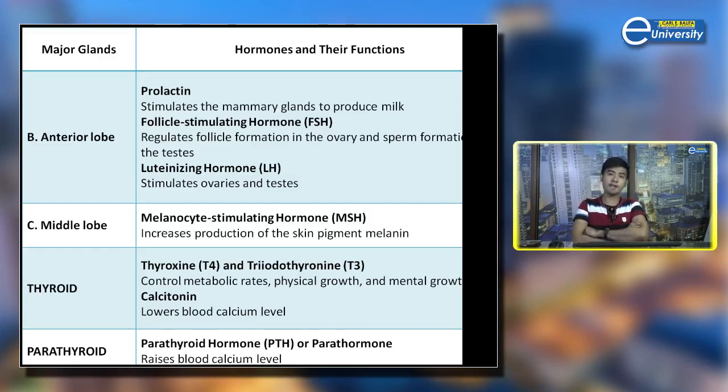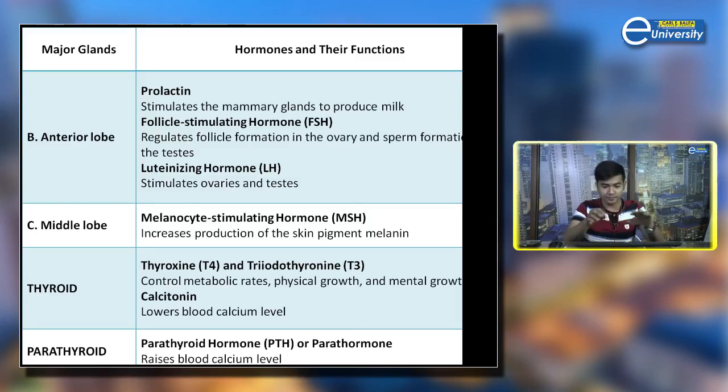Next is the luteinizing hormone, which is responsible for stimulating the ovaries and the testes to release their reproductive cells. Next is the middle lobe. The middle lobe releases the melanocyte stimulating hormone or the MSH. It increases production of the skin pigment called melanin.